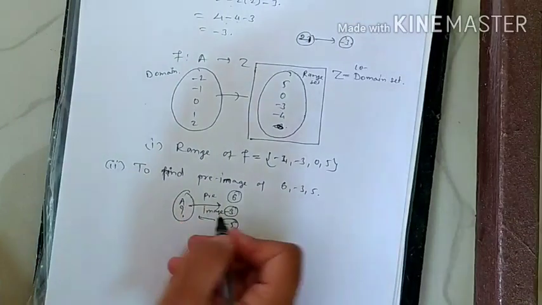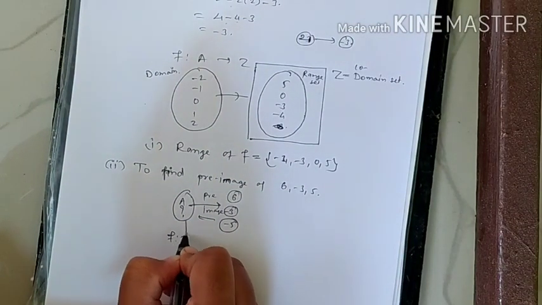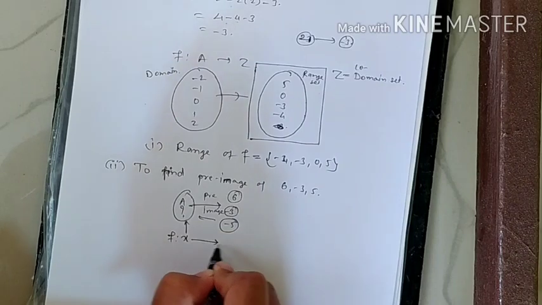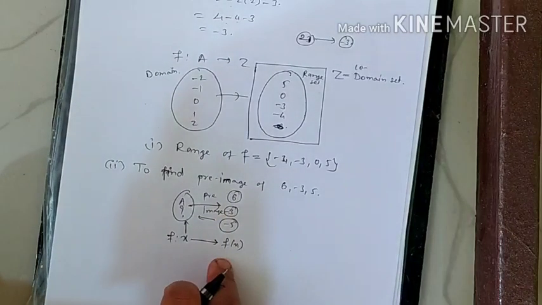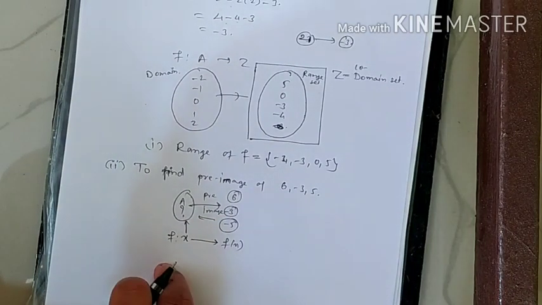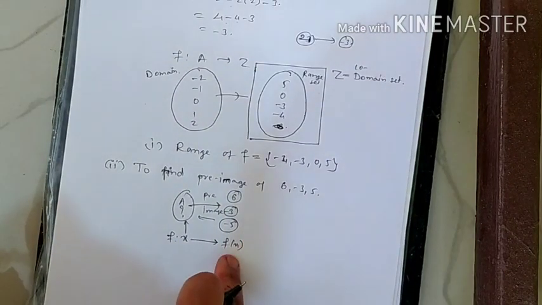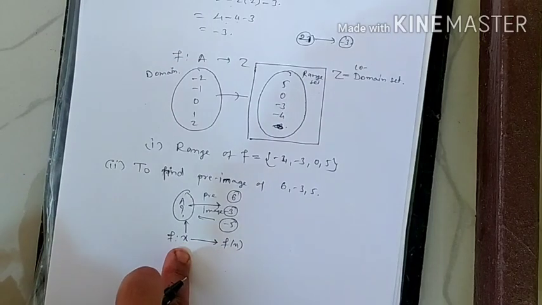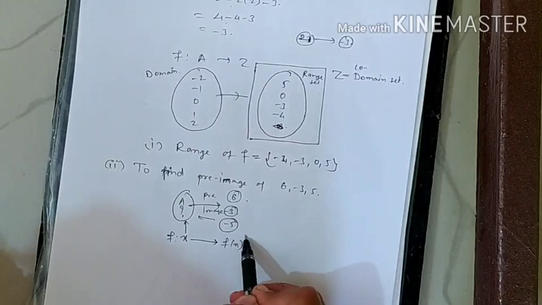If this is f of x, on this side all the x elements will be there, and in the codomain set, in the range set, the f of x elements will be there. We know f of x, we have to find the value of x, so that for that x value we have the images 6, minus 3 and 5.